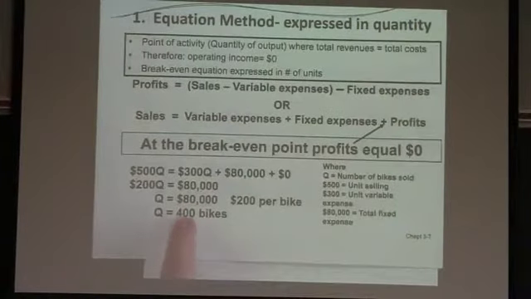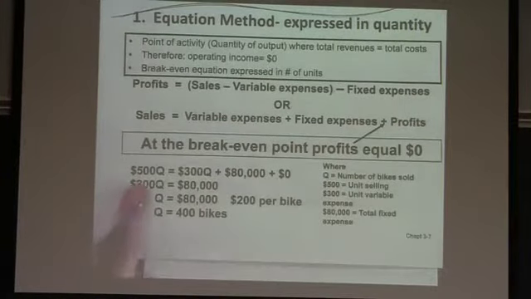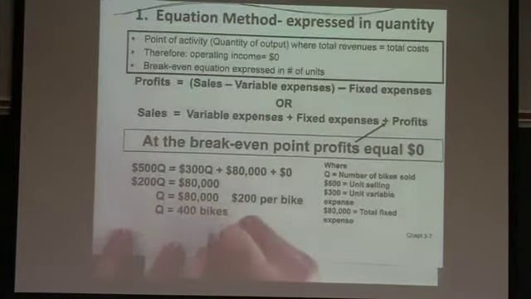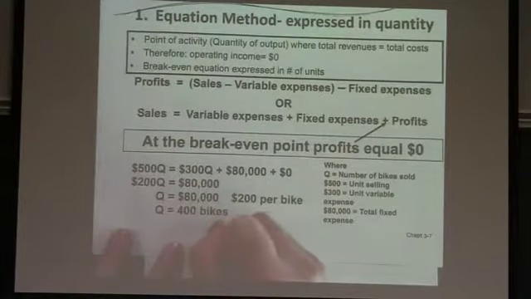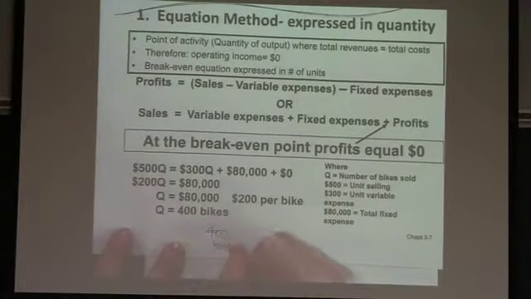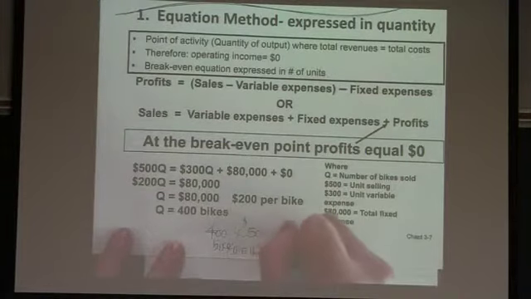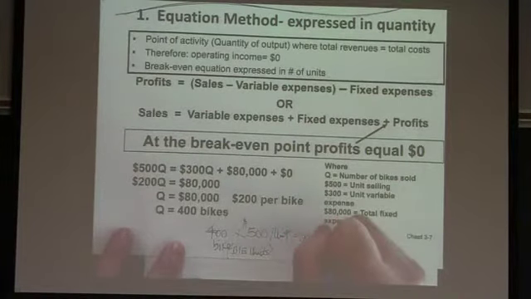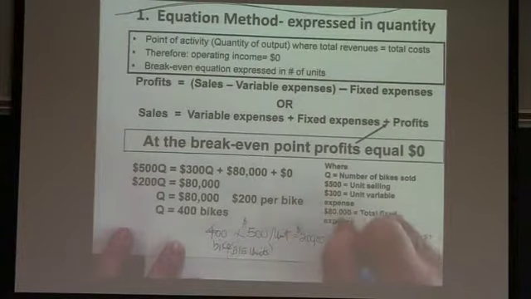Now, if you think about it, 400 bikes times 500 gives me 200,000. So we can actually get the break even 200,000 the same way. So we take 400 bikes, which is the break even units, times the sales price of 500 per unit, gives me 200,000 revenue sales.